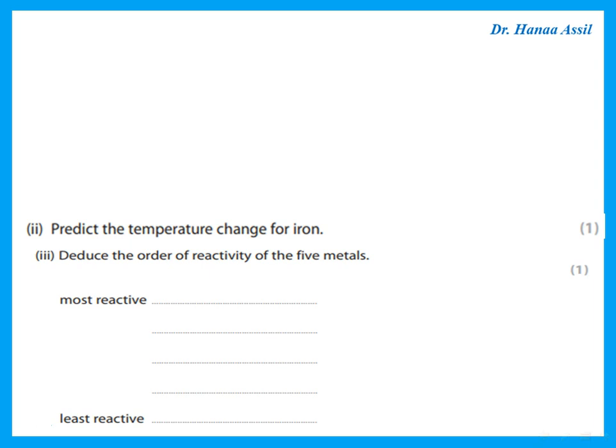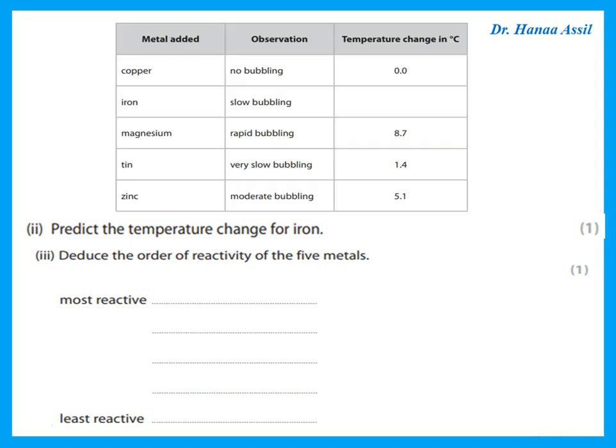Predict the temperature change for iron. So I look at the table. You should see that copper is 0, iron, magnesium, tin, zinc. So what do you think is the temperature change for iron? Well, if we look at the electrochemical series, you should see that iron is less reactive than zinc.